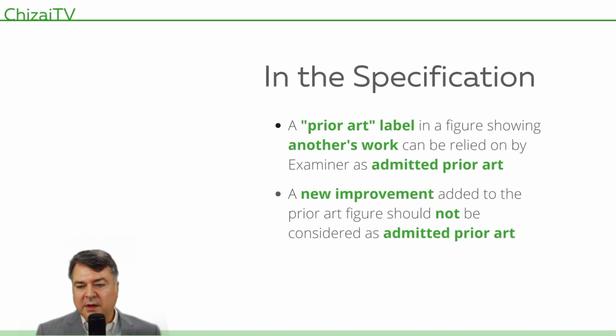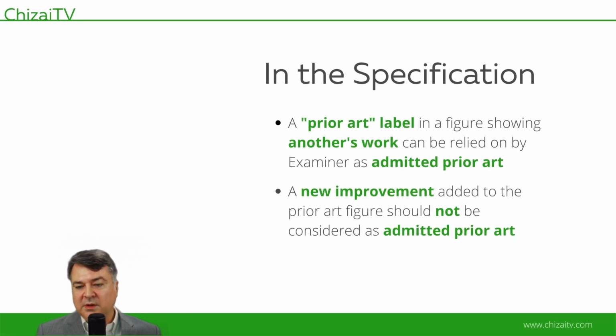Okay, so moving on, in the specification. This is things that are written in your disclosure or shown in your figures. For example, a prior art label in a figure that shows another's work can be relied on by an examiner as admitted prior art.